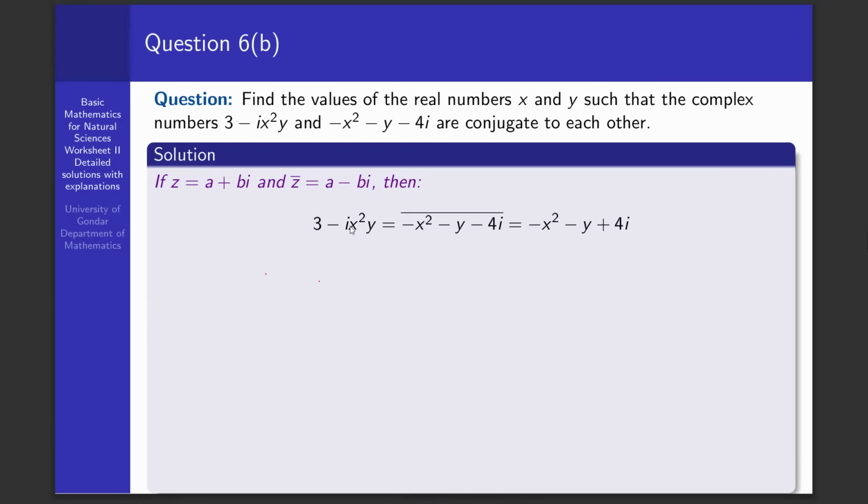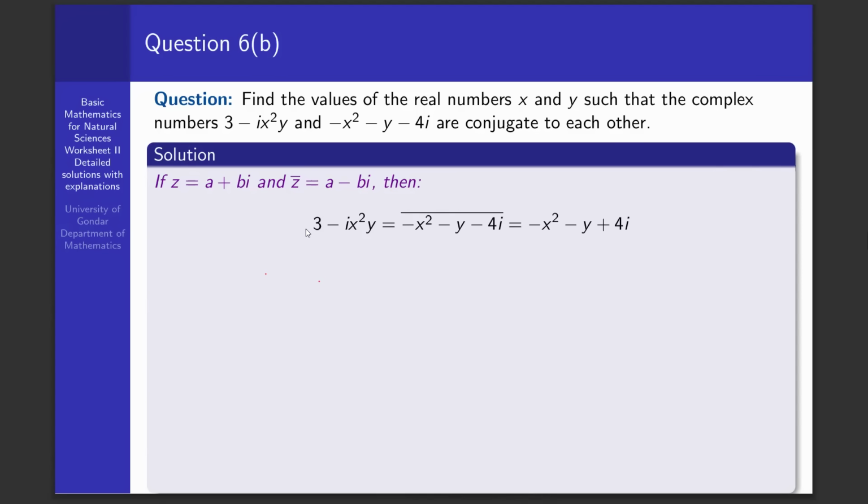Then 3 minus ix squared y is equal to minus x squared minus y minus 4i, because if these two complex numbers are such that one is the complex conjugate of the other, then in order to make them equal, the complex conjugate of either of these two must be identical with the other.